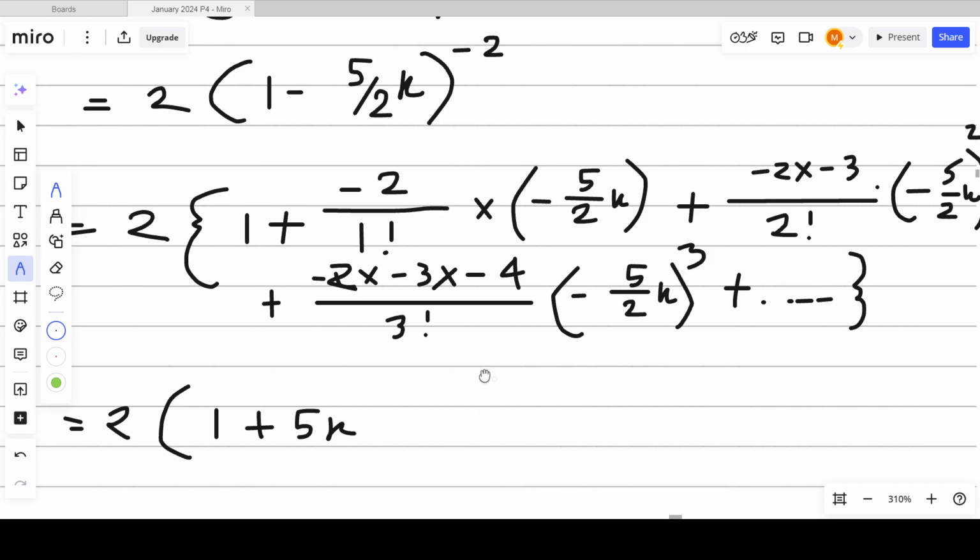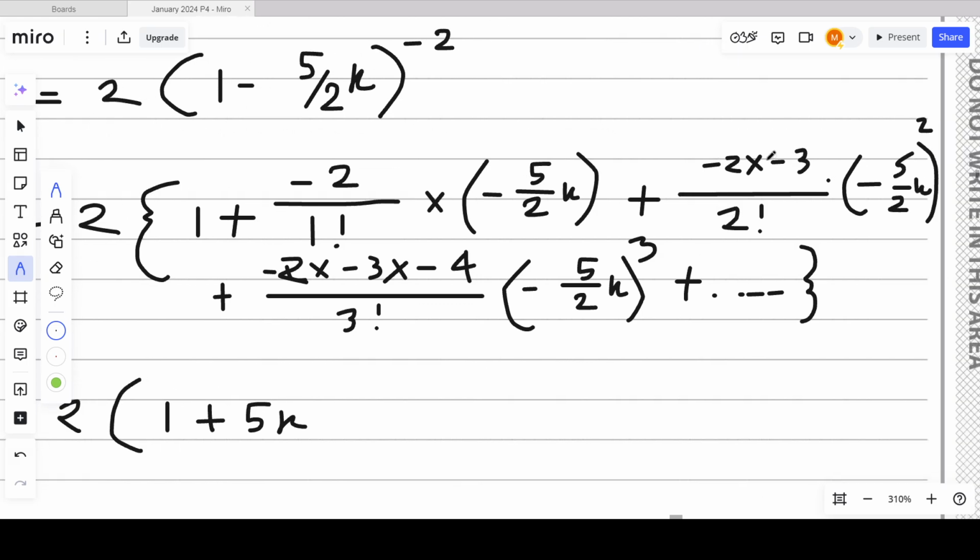Here again, minus times minus is plus. The 2 factorial and 2 factorial cancel out, so you'll get 3 times 25 over 4, that is 75 over 4 x squared.